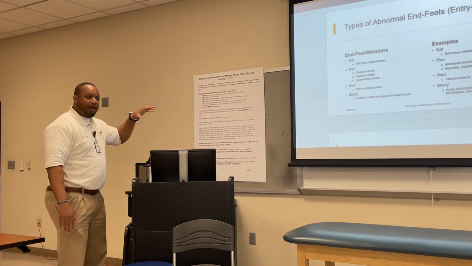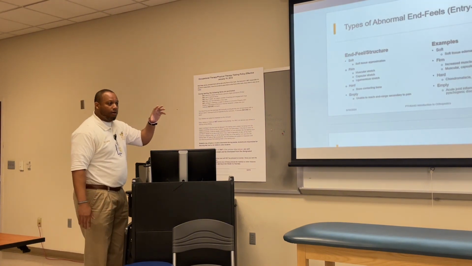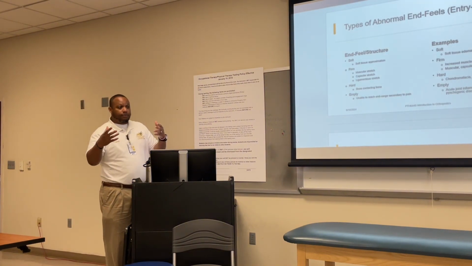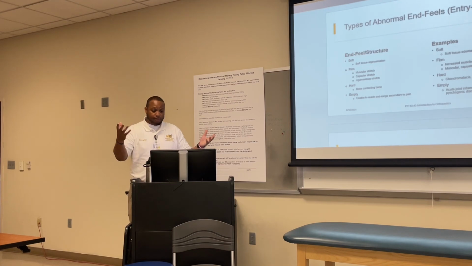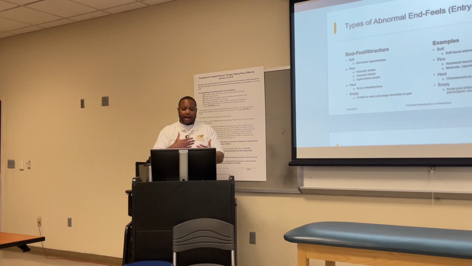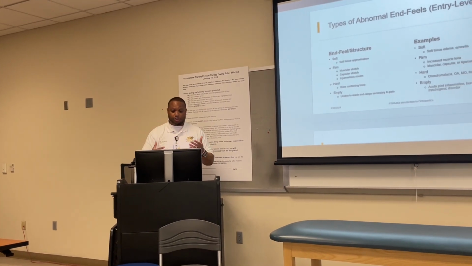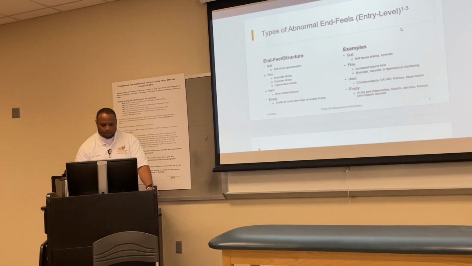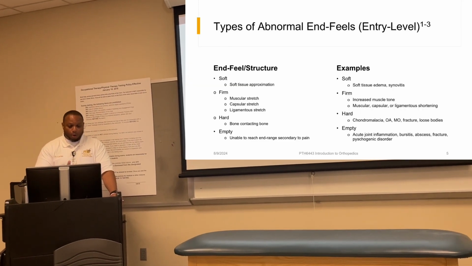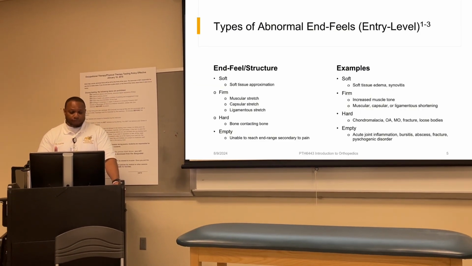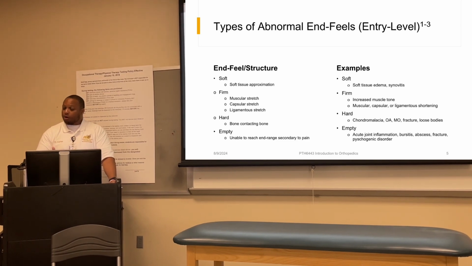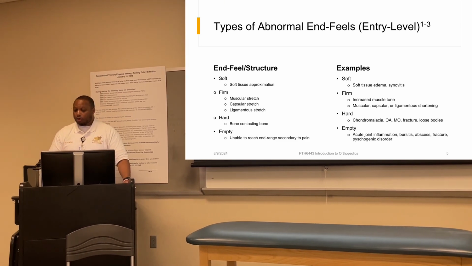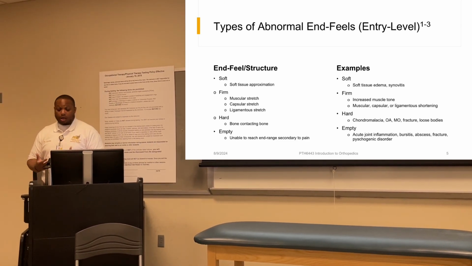It's just not allowing the head of the femur, the head of the humerus, to move in a certain direction as it should. And then with abnormal hard end-feel, we have bone contacting bone when it should not be. So there would be a case of chondromalacia.